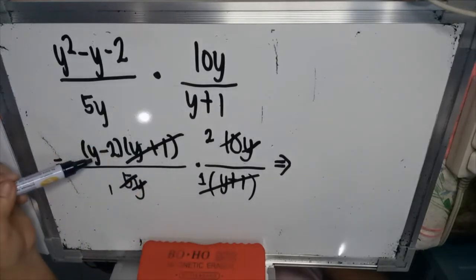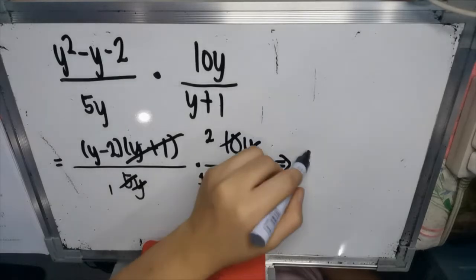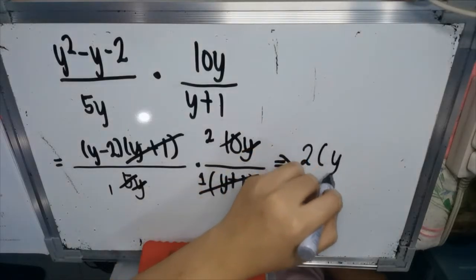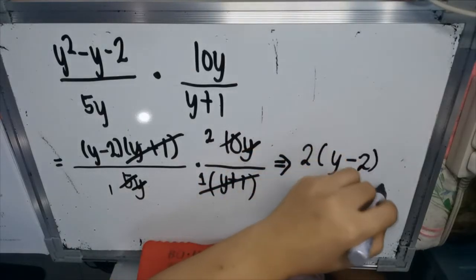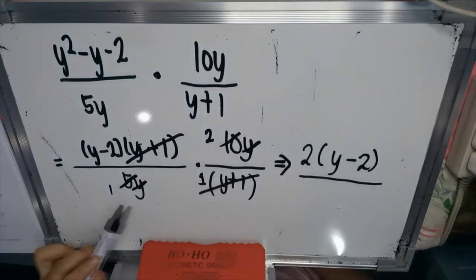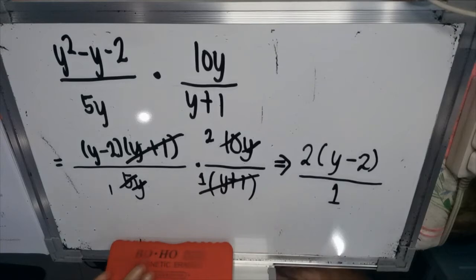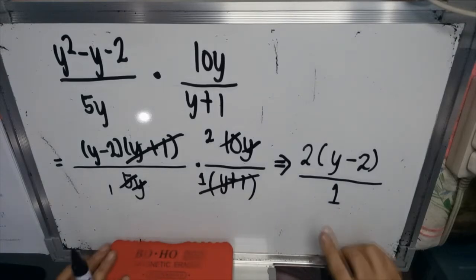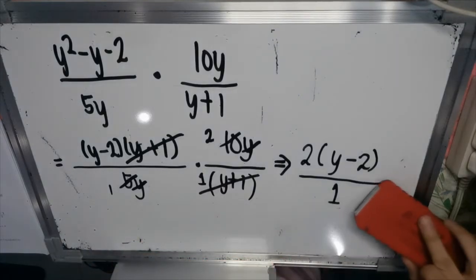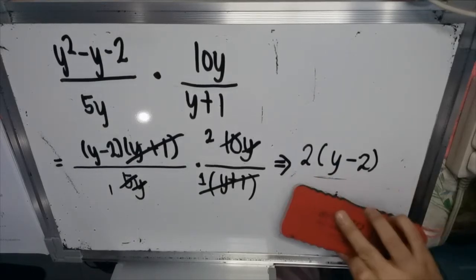So, here, y minus 2 times 2. So, i-write muna natin yan. And then, 1 times 1 is 1. Okay? So, kapag gano'n naman, 1 na lang naman, pwede na nating alisin yung denominator natin na 1. 'Di ba?